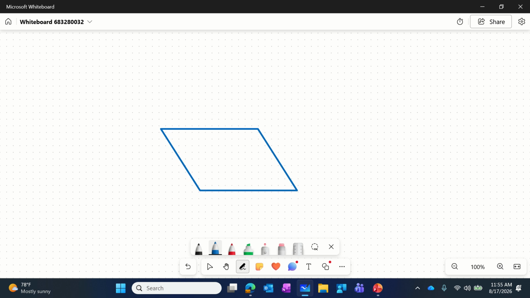There's your rhombus. There you go. So this rhombus is made up of 4 different rhombuses. Is it rhombuses or rhombi? I don't know the plural for rhombus. So there's 4 different ones in that shape.